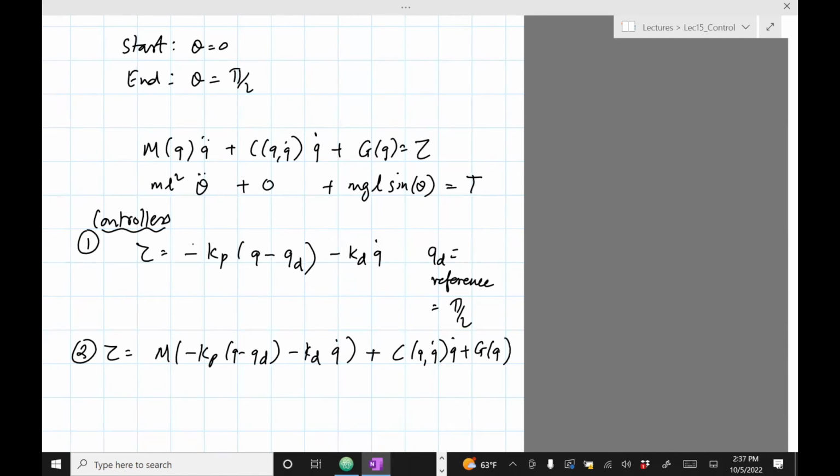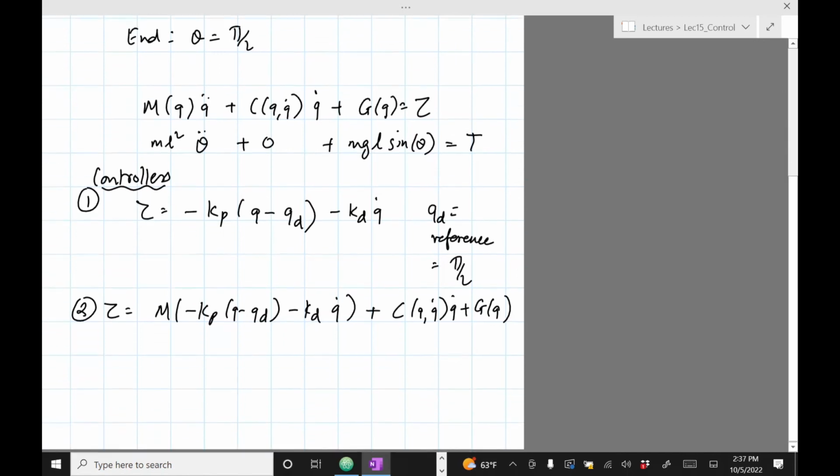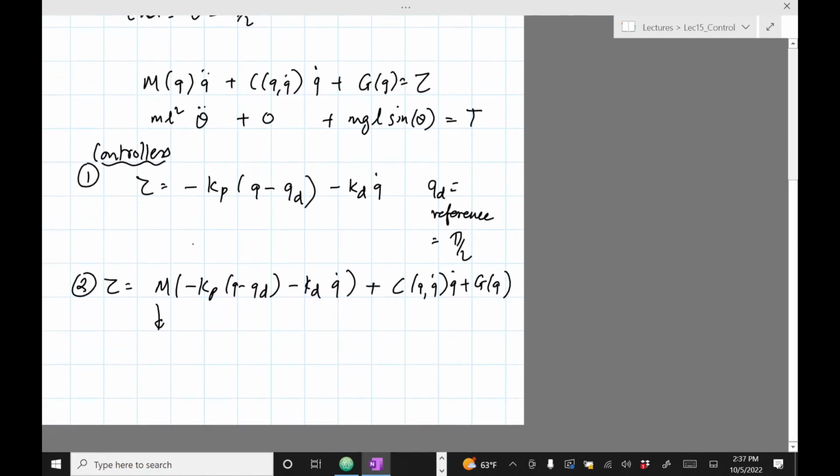C is 0, G is mgl sine theta, and M is ml². This will be ml², this will be 0, this will be mgl sine theta. And then we use the critical gains, which we found earlier. Kd is 2 square root Kp.